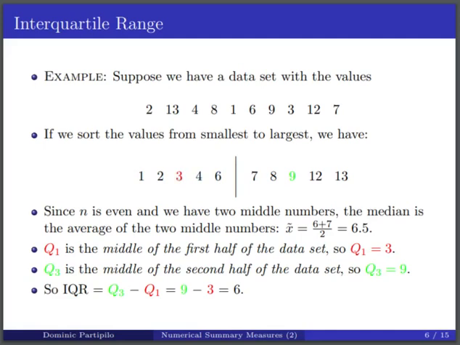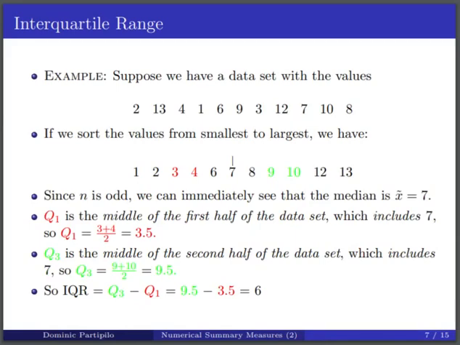Similarly, the median of the second half of this data set is going to be 9, which I have in green. So Q3 is going to be 9, and Q1 is going to be 3. As a result, the IQR, remember, is just Q3 minus Q1, which is 9 minus 3, and that's going to be 6.